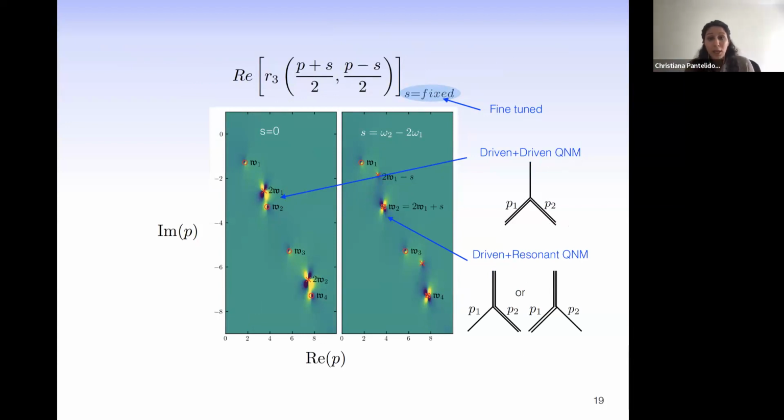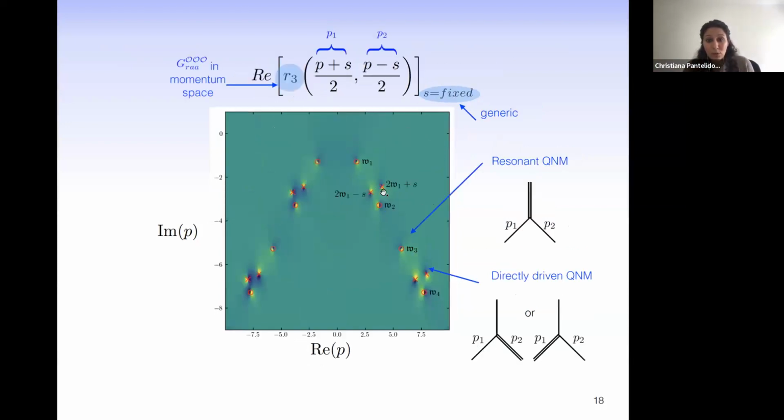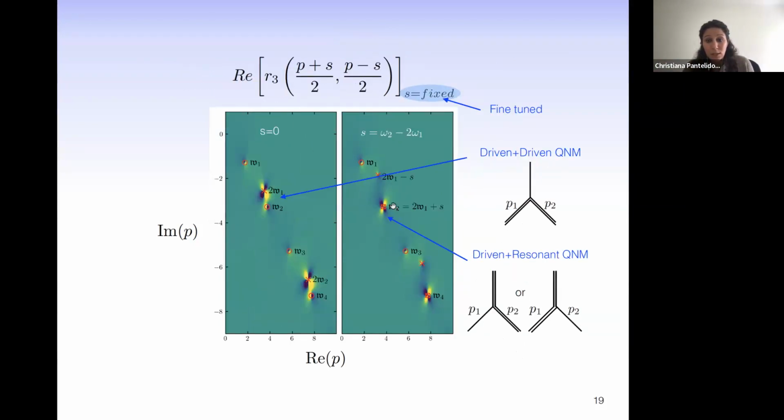For a different, but again fine-tuned, value of S, we can get one of these crosses to collide with this circle, and we get a situation where one of the ingoing legs plus the outgoing leg are given by quasi-normal modes.